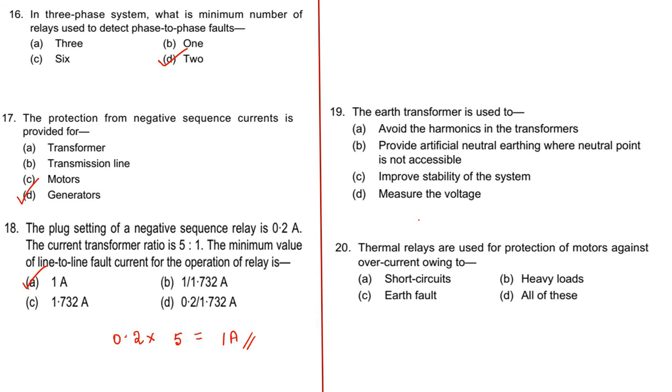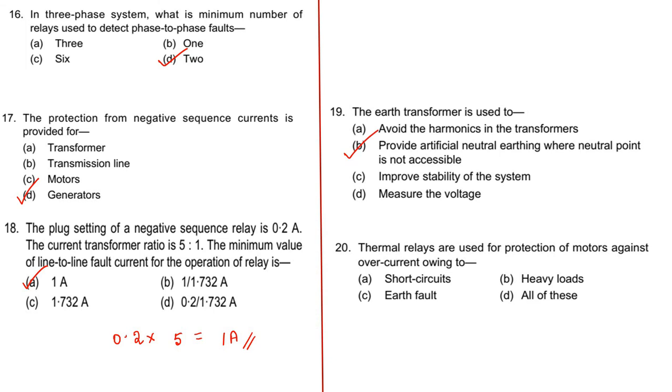To avoid harmonics, we cannot use extra transformers, and the same applies to improving stability and measuring voltage. So option B is the correct answer: provide artificial neutral earthing where the neutral point is not accessible.